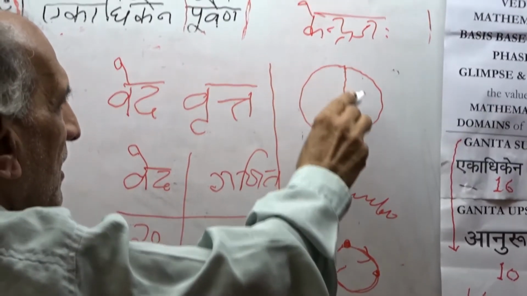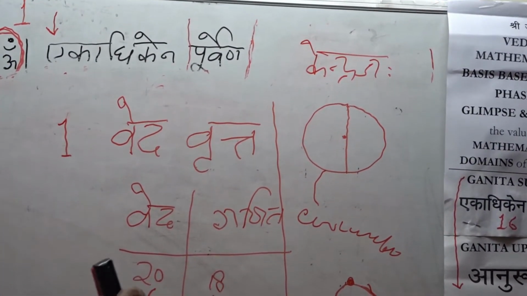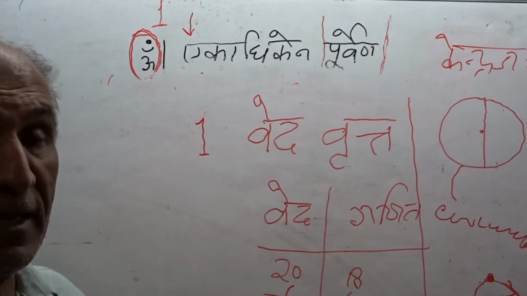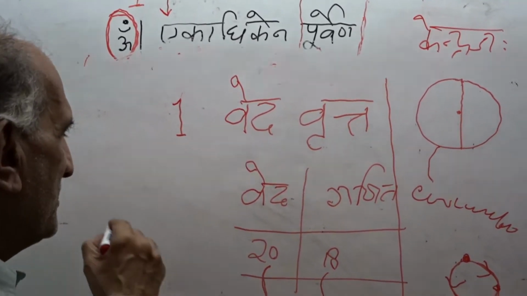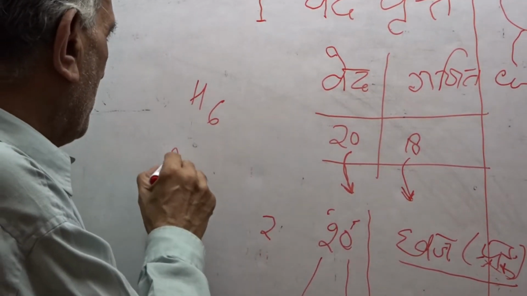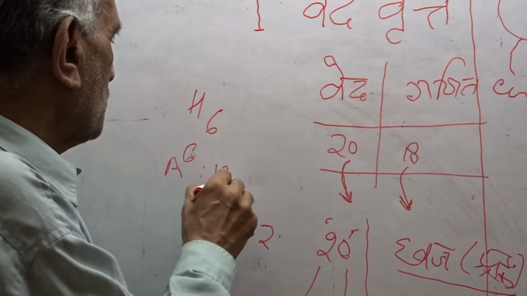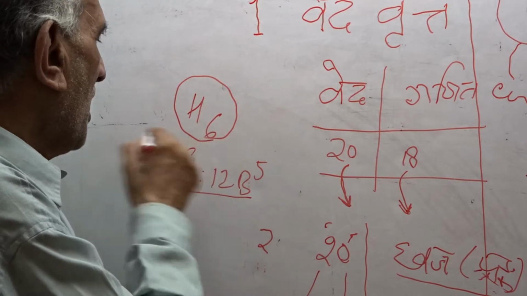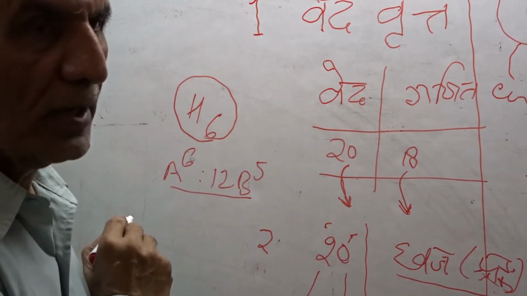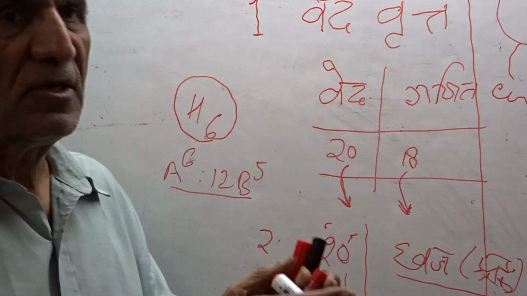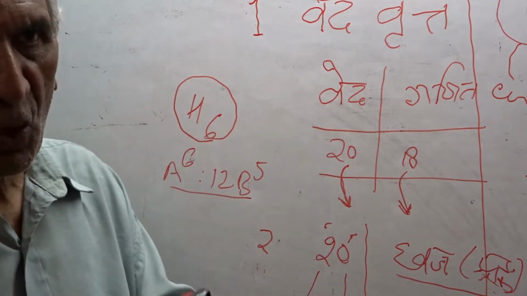How this circle, this periphery, this boundary of 6 space domain, the hypercube 6 space domain, which would be giving us a ratio A raised to the power 6 is to 12B raised to the power 5. It was going to be the 6th body of the Sthapatya miring rod. Hypercube 6, the 6th component of Sthapatya miring rod.